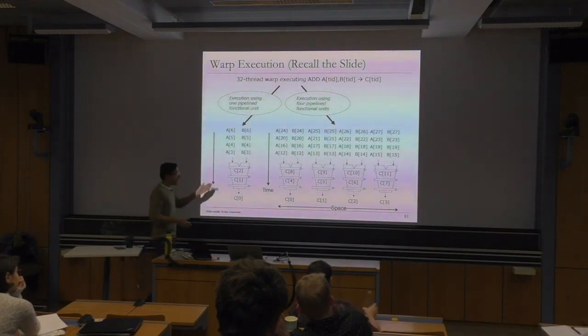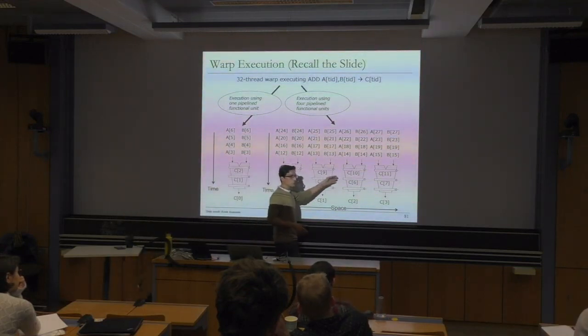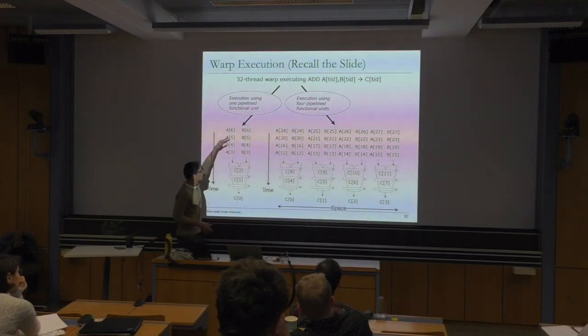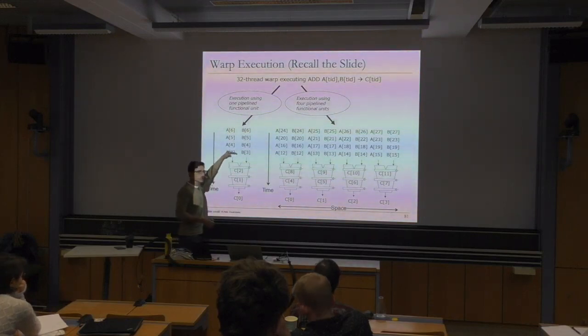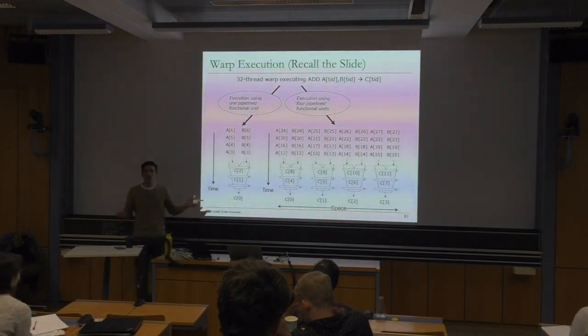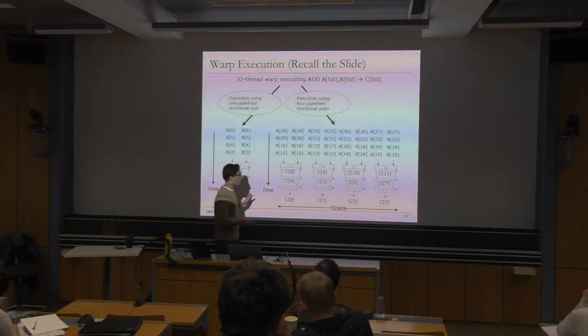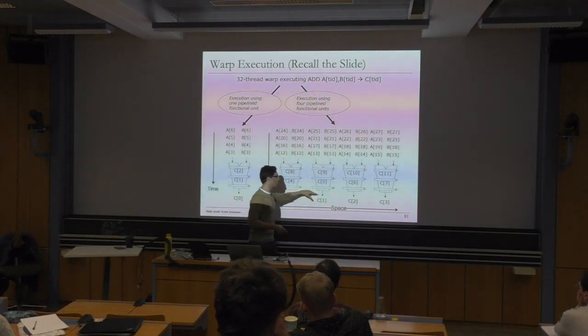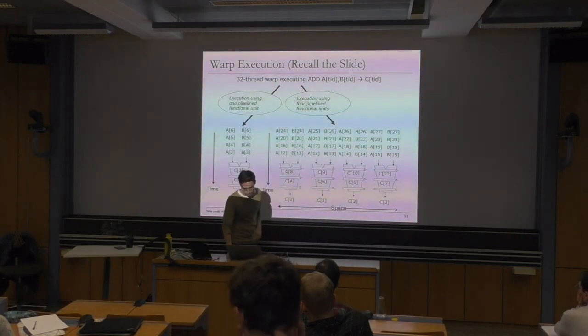So depending on how many of these functional units, how many of these lanes I have, I will schedule the different operations in a different way. If I have one single lane, then I need to first compute C0, then compute C1, then compute C2, then compute C3, and this is what I would be doing for the 32 threads that belong to this warp. If I have 4 of these lanes, then I can operate on 4 of them at the same time.